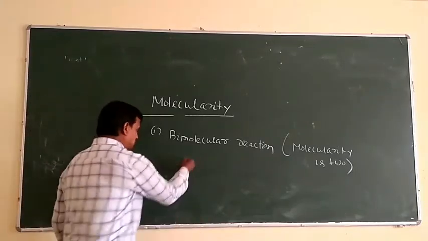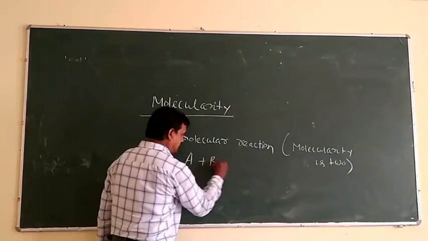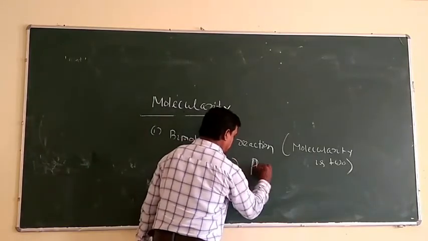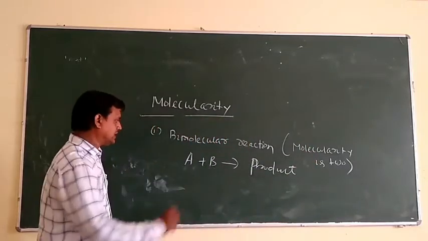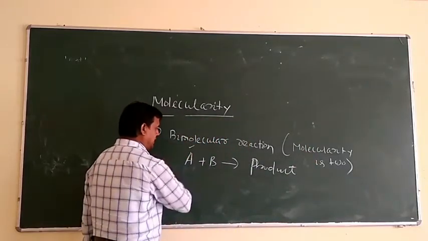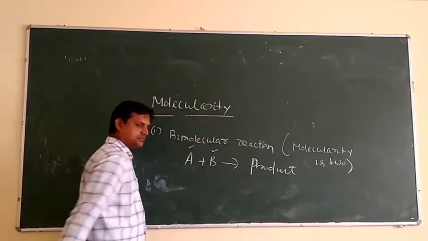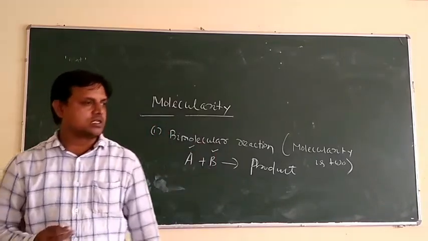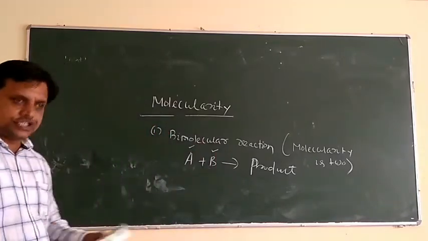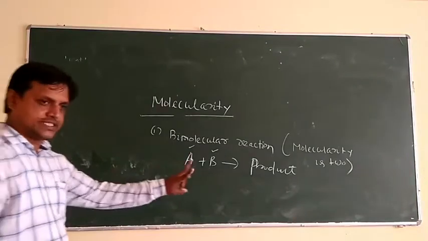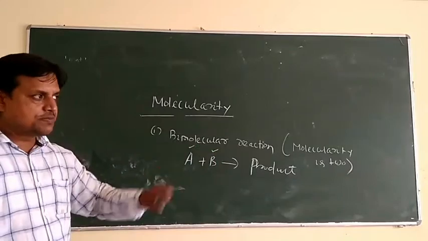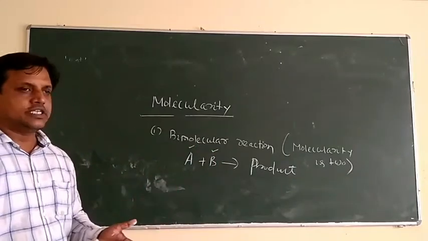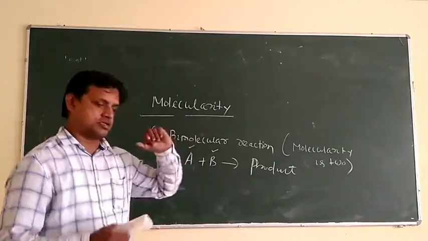For example, if we take one molecule of A and one molecule of B to form product, we have taken one molecule of A and one molecule of B. So two molecules, or you can say two species, are colliding with each other. One species is A and the other species is B. Two species are colliding with each other to form the product.